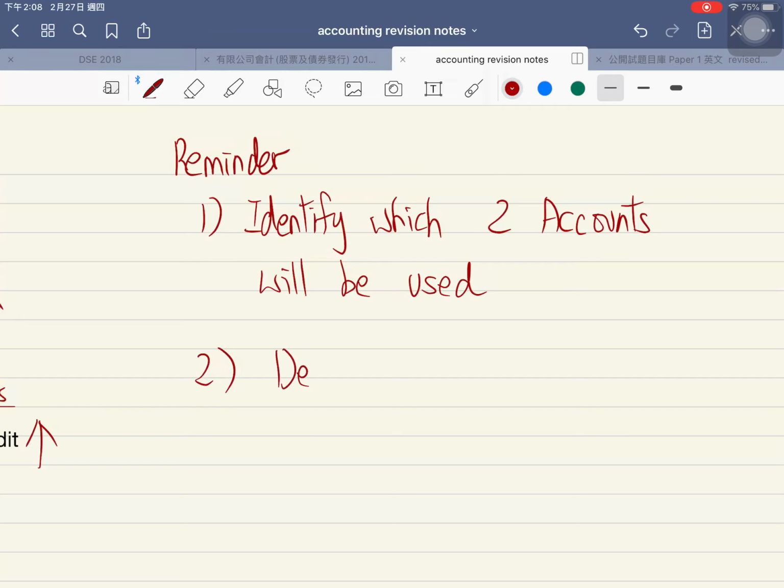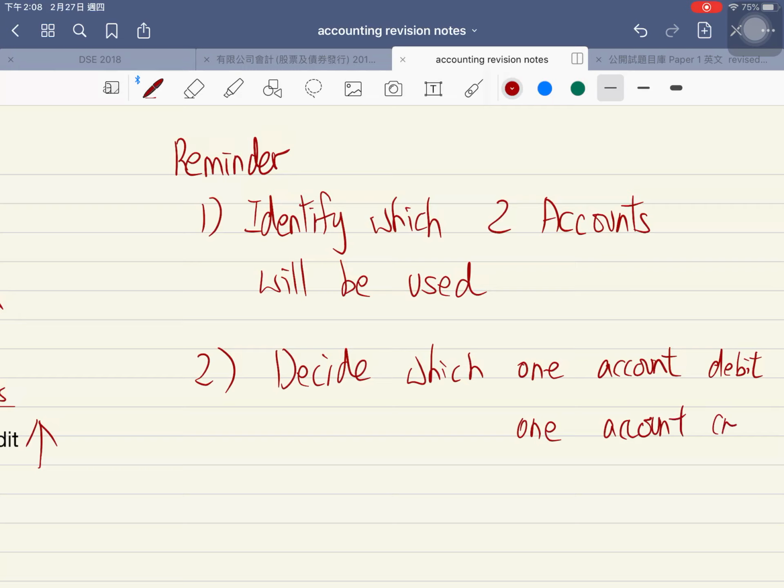Second, decide which account is debit, which account is credit.